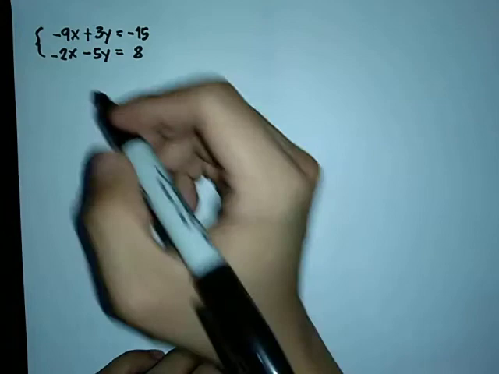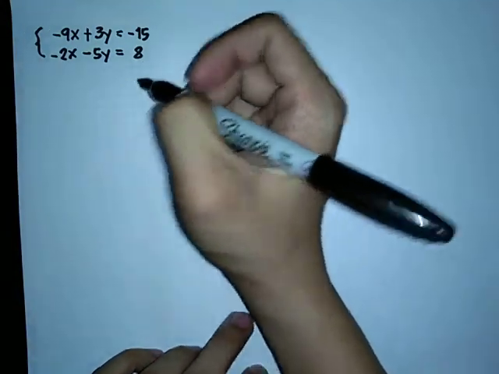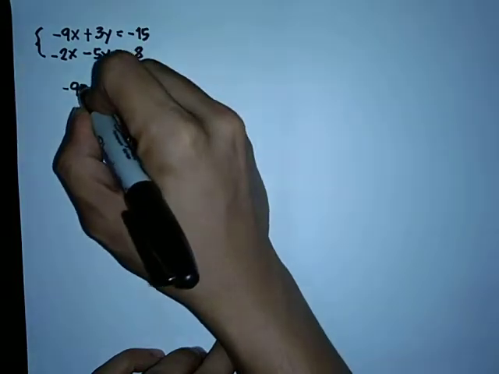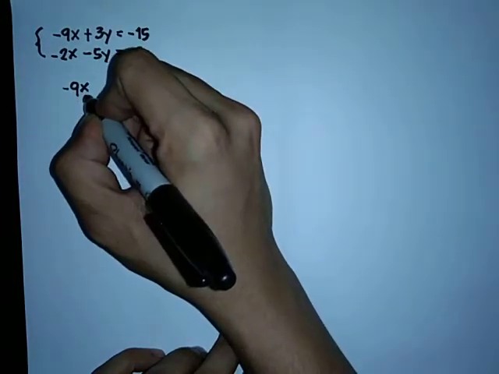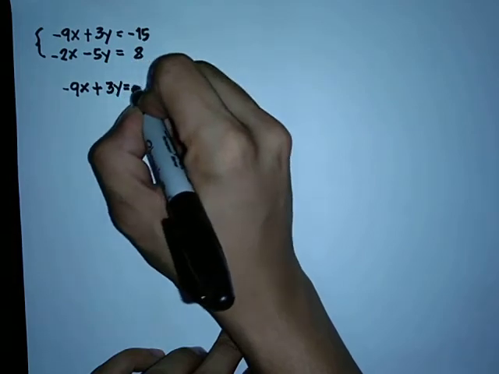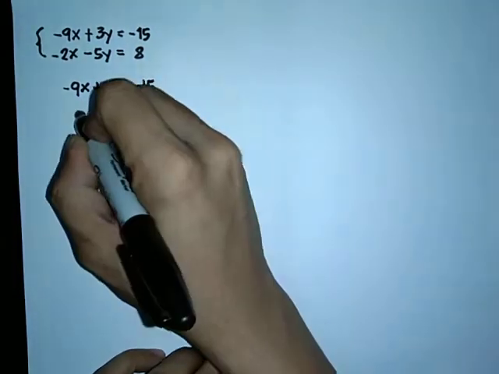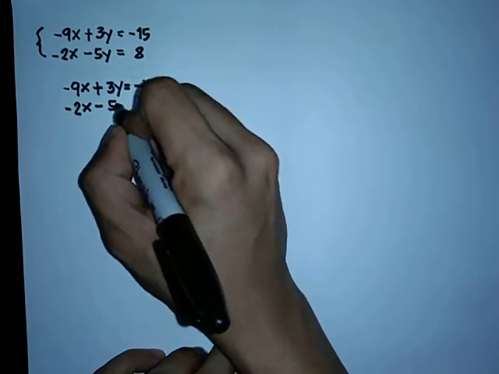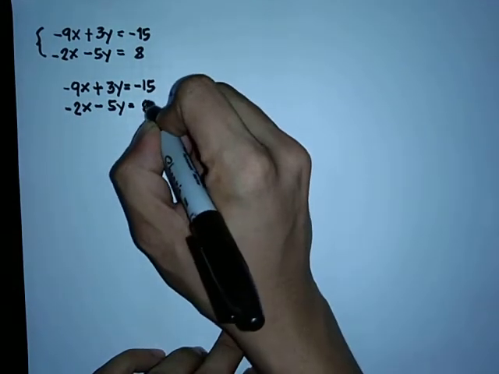So what I'm going to do is write mo muna yung equation natin. So we have negative 9x plus 3y is equal to negative 15. And then we have negative 2x minus 5y is equal to 8.